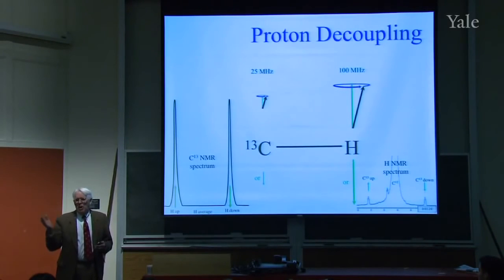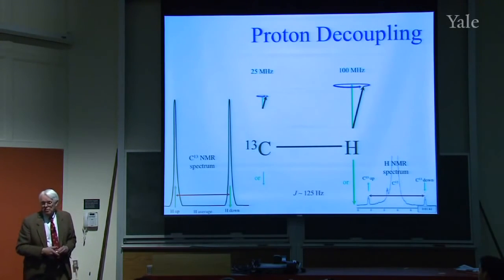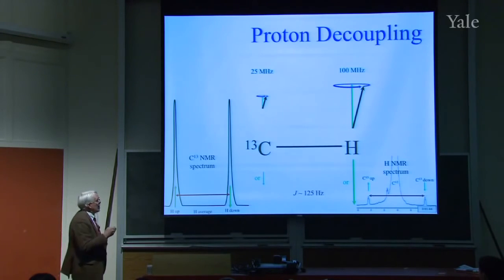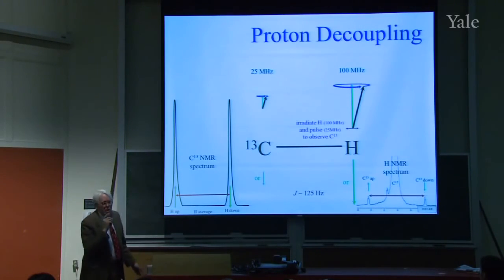Only 0.015%, very little, is deuterium. So you don't see that big peak in the middle here because all the hydrogen is either this way or this way, right? And the magnitude of the splitting in both cases is 125 hertz. That's fine.